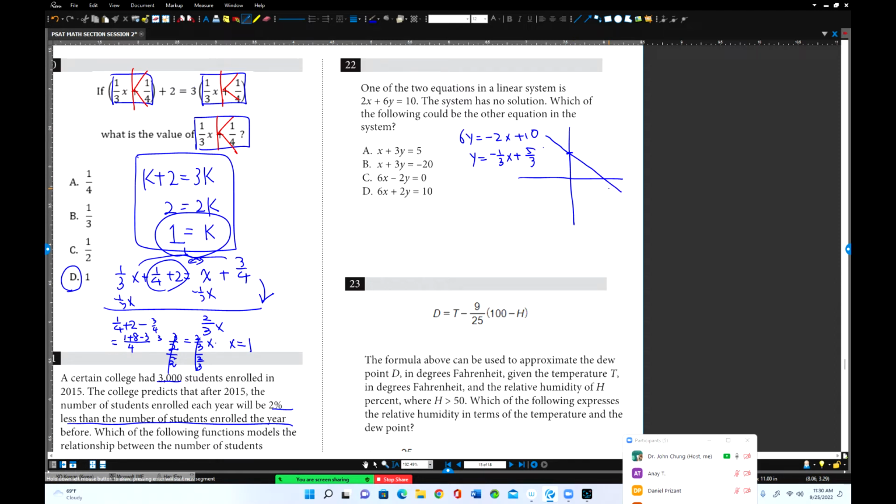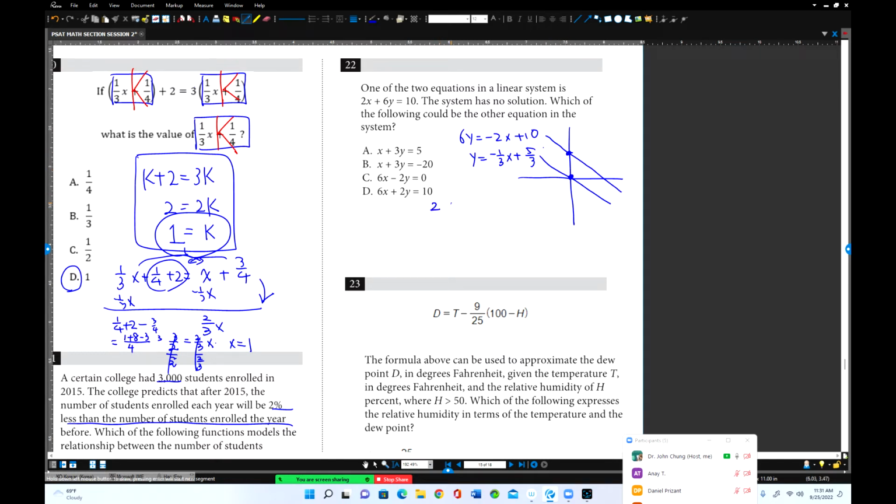The system has no solutions means what? No solution. If they are parallel but different y-intercept, there are no solutions. No solution means there is no intersection. Okay, maybe you can try to find this one. First one, how can you find they are parallel?